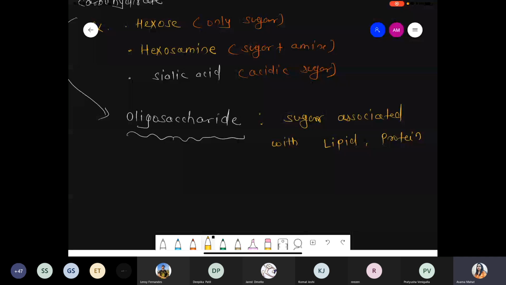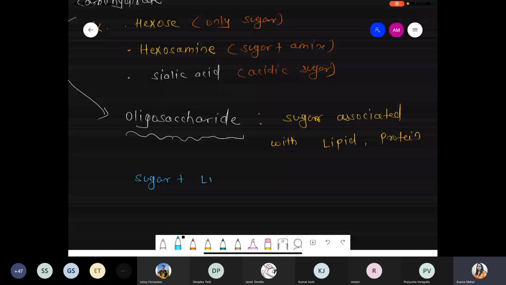Suppose that the oligosaccharide, that is the sugar part, binds with the lipid. Sugar plus lipid, carbohydrate plus lipid. Such a structure is simply called a glycolipid.